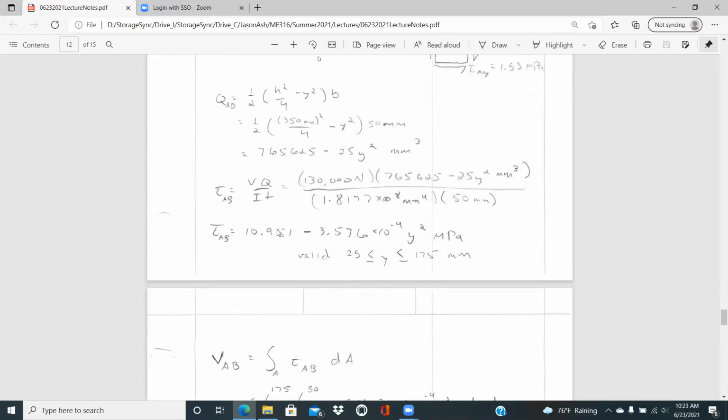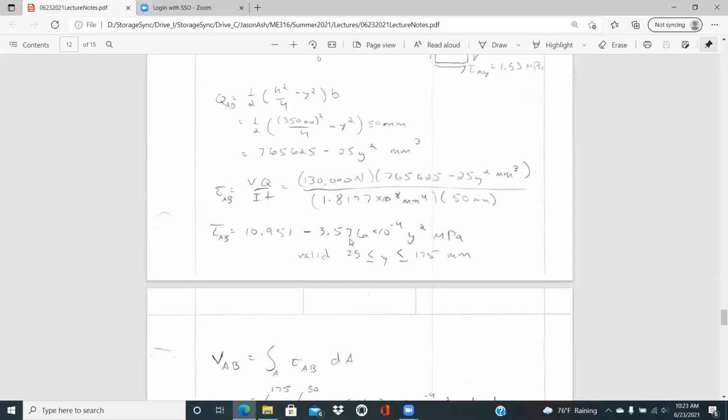And so that'll give us the shear stress AB. Again, Q is a function of y, I we solved, and the width is 50 millimeters. And again, we can simplify that down to 10.951 minus 3.576 times 10 to the minus 4th y squared megapascals.